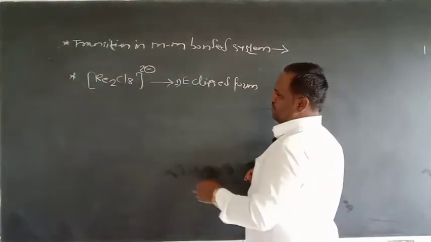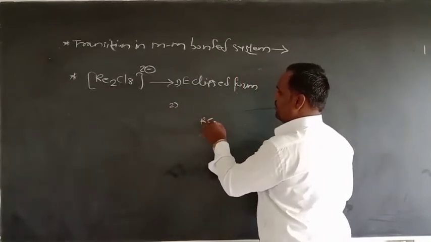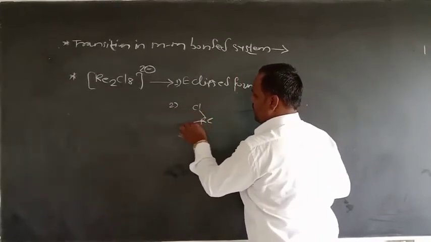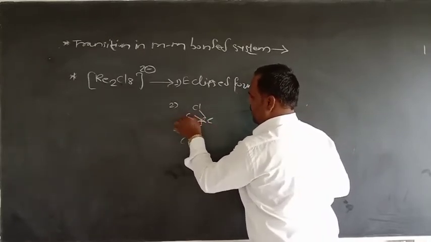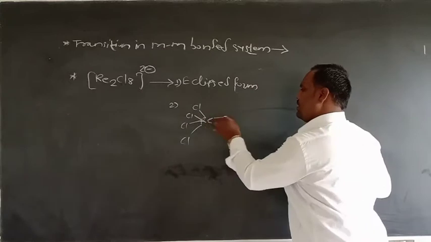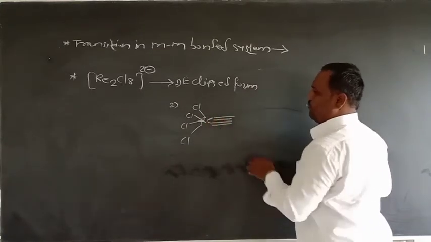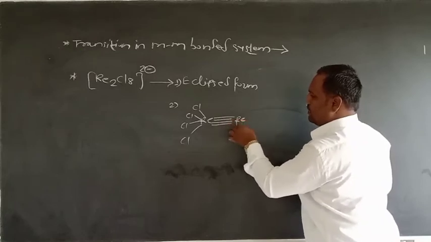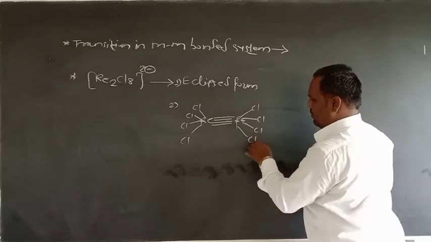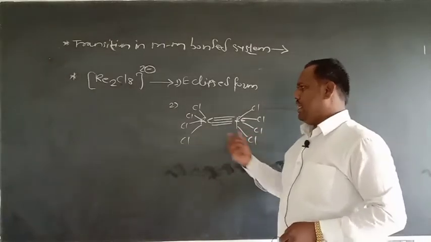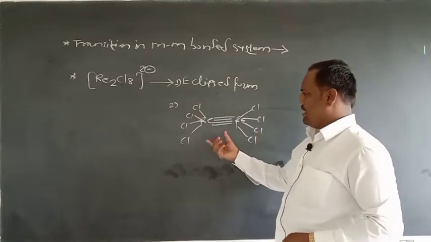If you consider the structure, there is rhenium, then Cl, Cl, Cl, and this Cl, and the bond order of this complex is 4, a metal-metal bond between these two rhenium atoms. So this is the structure.